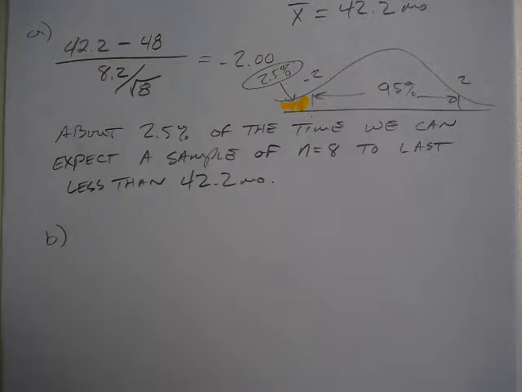Right? Because we know that in between 2 and -2 is 95%. So 2.5 on each tail, right? Well, you'd get the same answer if you went to table A. You're going to get very close to, right. Either one would work. I think in this case you actually get exactly 2.5%.